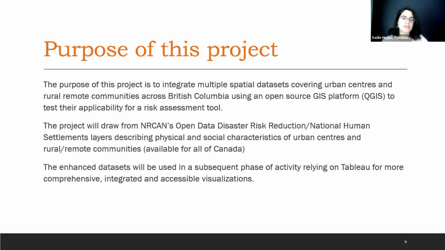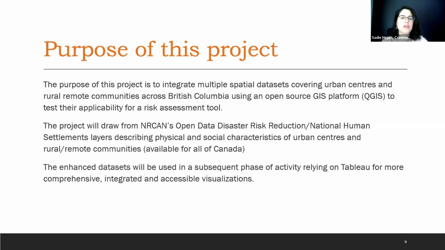So for this presentation, we wanted to integrate multiple spatial datasets covering urban centers and rural remote communities across British Columbia, using QGIS as an open source GIS platform to test the applicability for a risk assessment tool. This is the testing part of the whole project, which is still in progress, so it's not done.